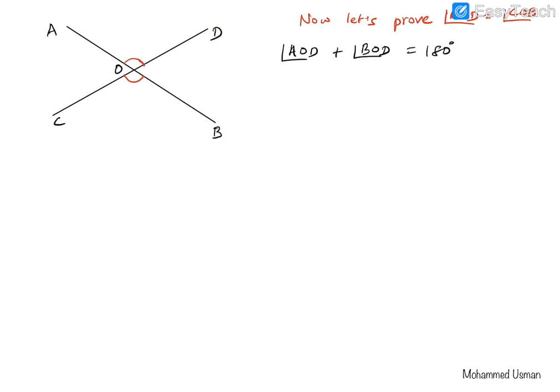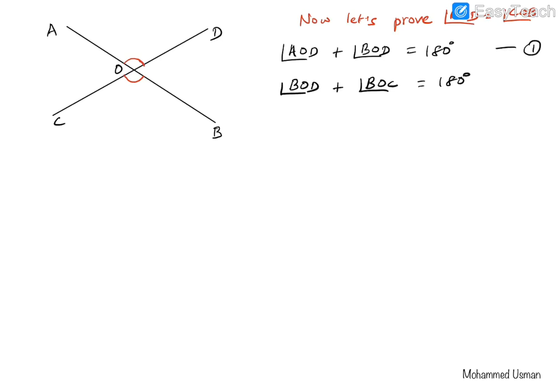So therefore we can write, using the linear pair axiom that we have seen earlier in previous classes, that angle BOD plus angle BOC equals 180 degrees.